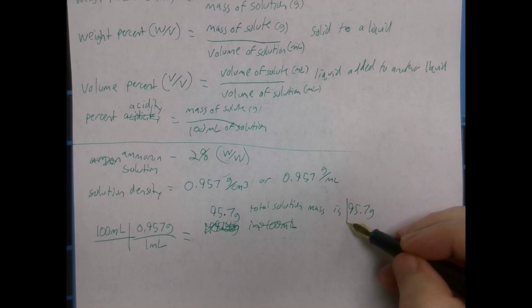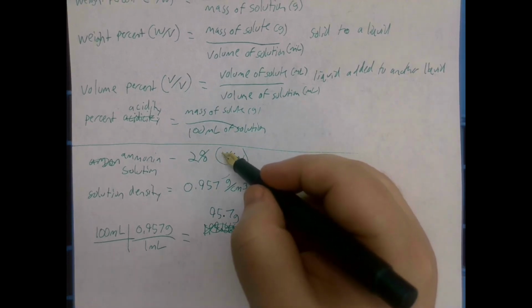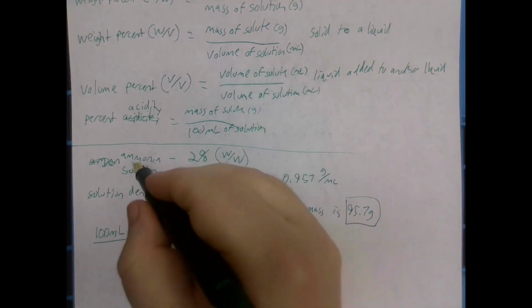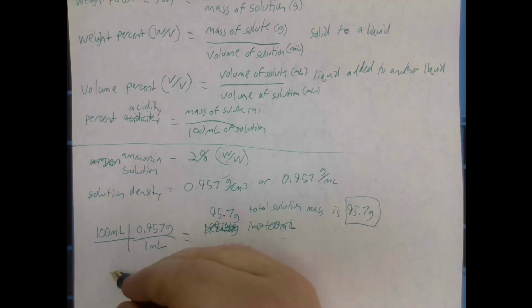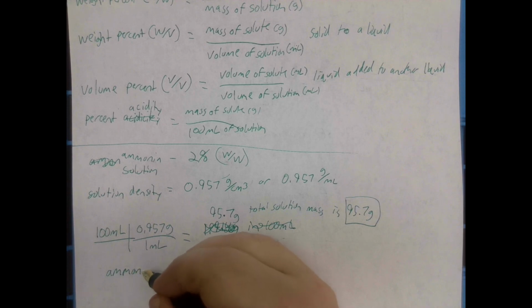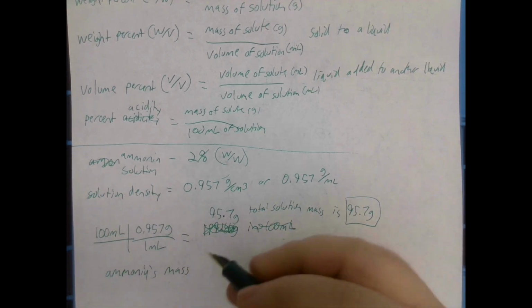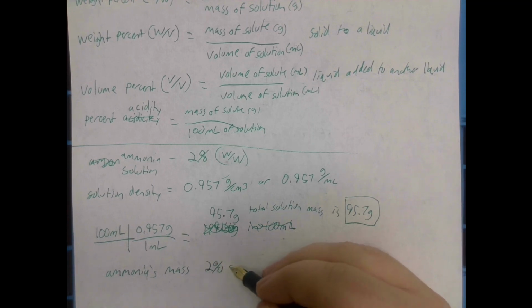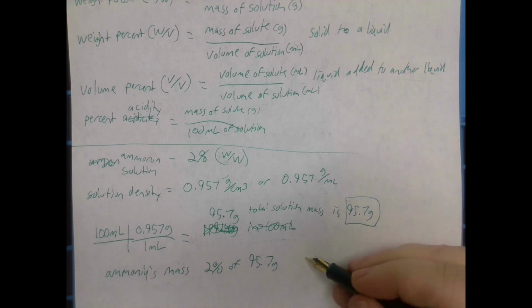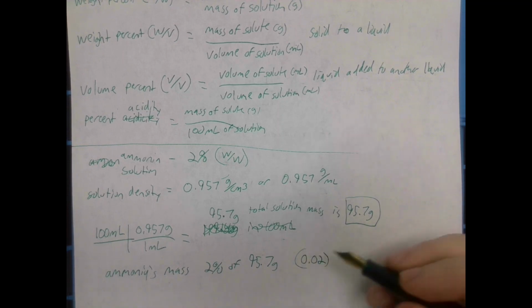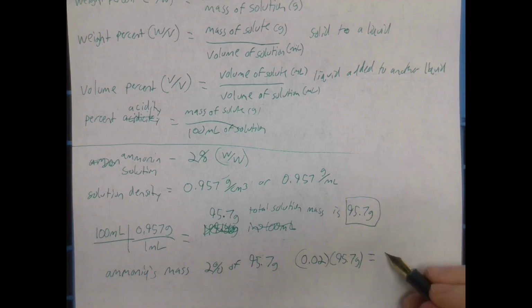So this is the total mass. And we know that the ratio of mass of ammonia to total mass is 2%. So the ammonia's mass would thus be 2% of 95.7 grams. So that's 0.02 times 95.7 grams, which gives us 1.914 grams.